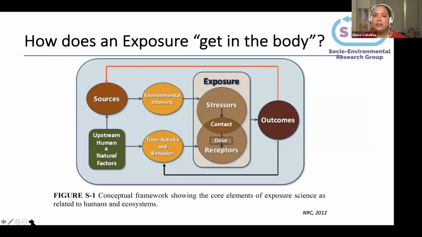But then how does an exposure get into the body? There are different variables that conceptually frame core elements in exposure science related to humans and ecosystems.